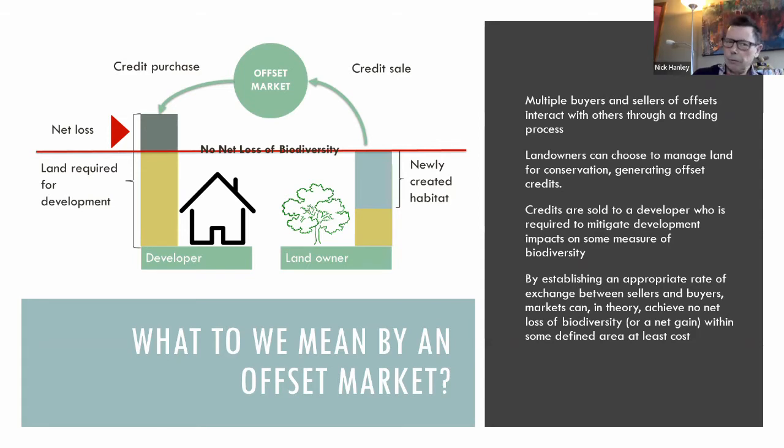And if we get it right, that market's going to clear, and at the equilibrium price, we'll find that we've actually got a least cost solution to delivering that no net loss of biodiversity. So that's the basic idea. And what we're trying to do is to say, well, how does changing the rules of the market change how it performs? I guess that's how you would summarize what we're trying to do here.